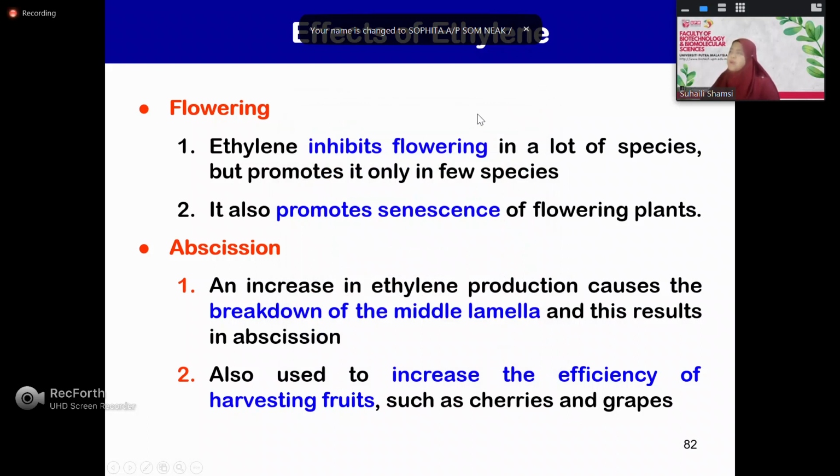So I think we have also looked into ethylene function in supporting abscission when we talked about auxin. You remember the slides where there's a leaf, and the leaf starts to grow with the presence of auxin at higher concentration, and this would decrease the sensitivity to ethylene.